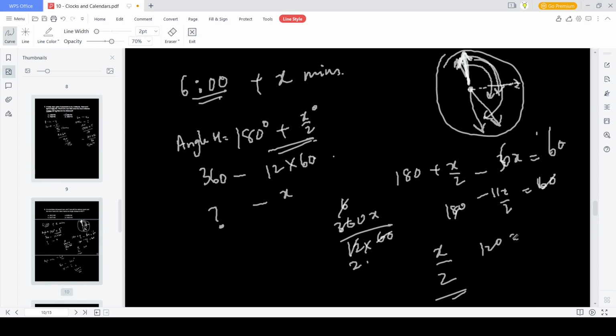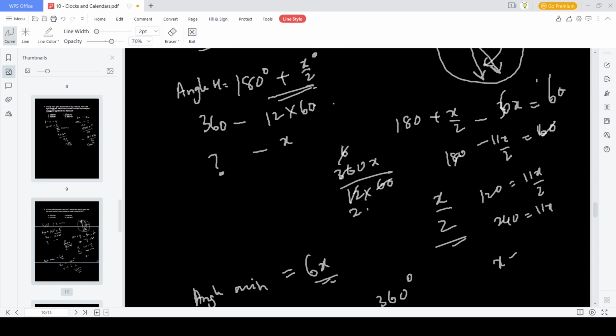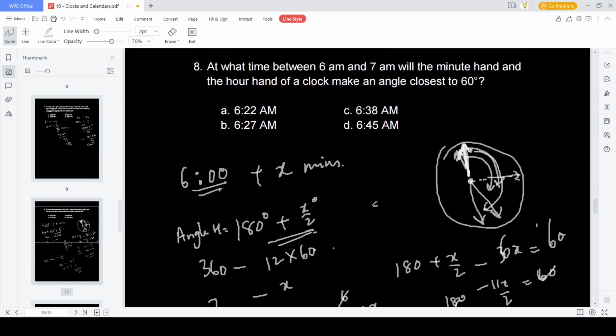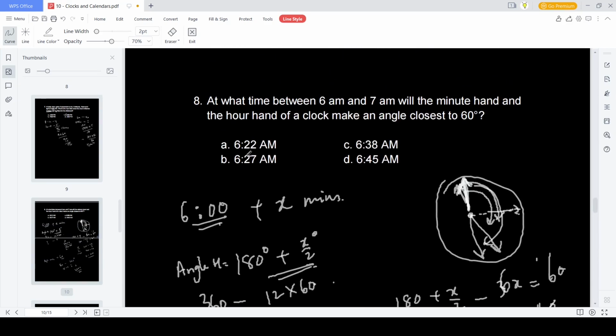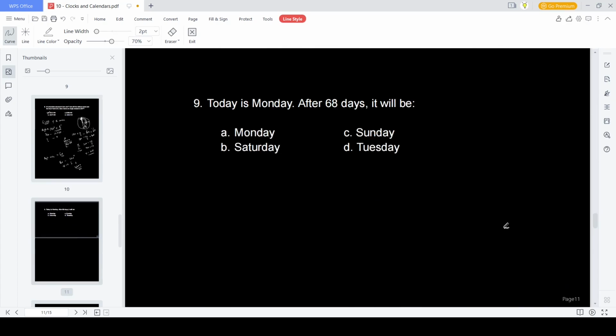So 120 is equal to 11x by 2. 240 is equal to 11x. So x comes as, so that is nothing but 21.8. So 21.8 can be written as 6 hours and 22 minutes. So 6:22 a.m. Okay. So at 6:22 a.m. it will almost make a 60-degree angle.